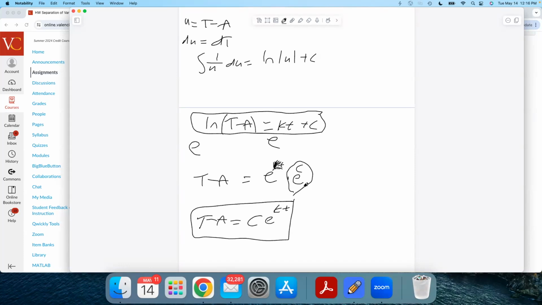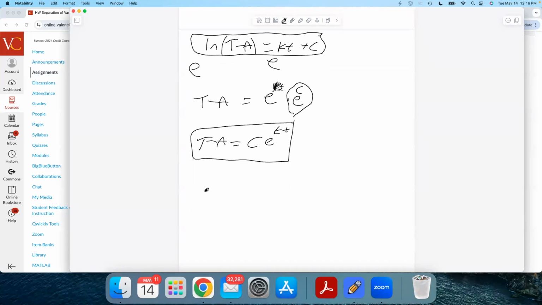So don't stress about that. Okay, let's keep going here. So we get T will be A plus C e to the kt. Now let's figure out what C is by plugging in 0. T of 0 would be my initial temperature of the pie.